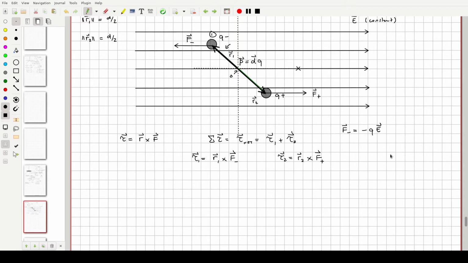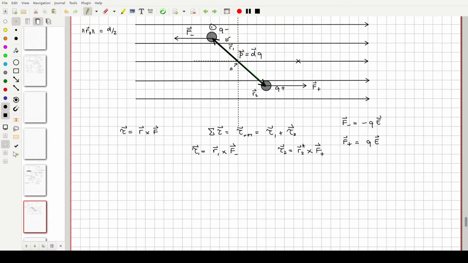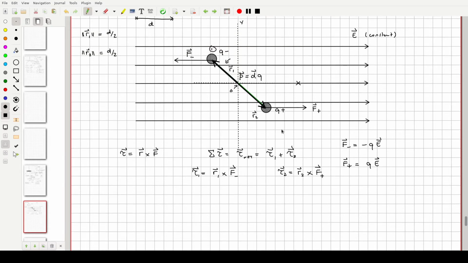Remember, the electric field is constant. F positive is positive Q times the electric field. So the forces are the same, it's just one is positive and one is negative.